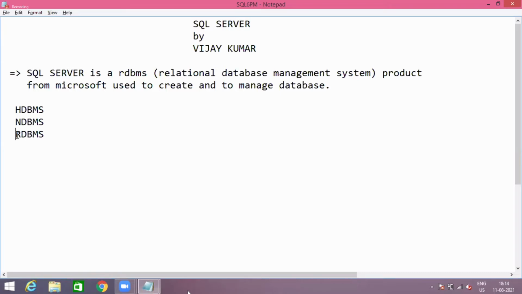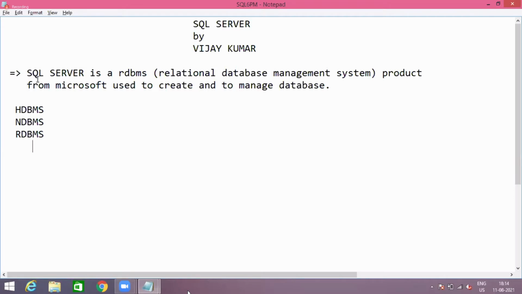That is the reason RDBMS became popular. When it became popular, a number of companies introduced RDBMS products.